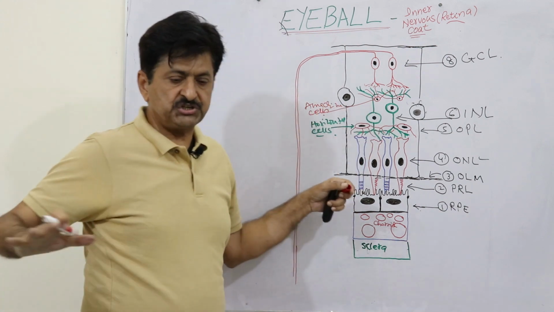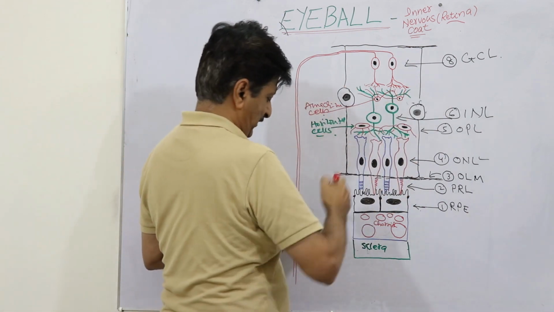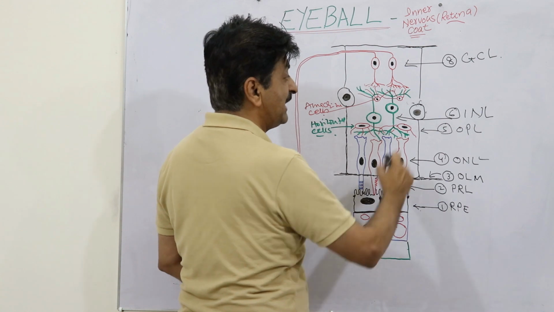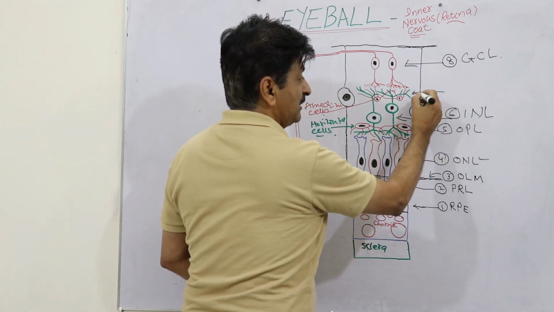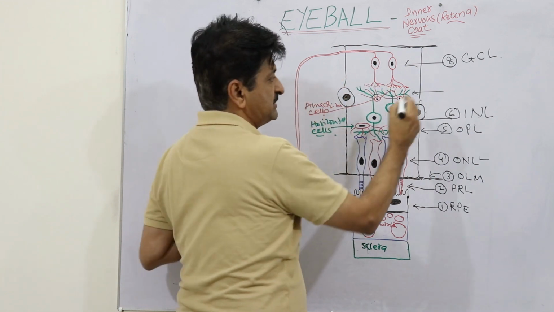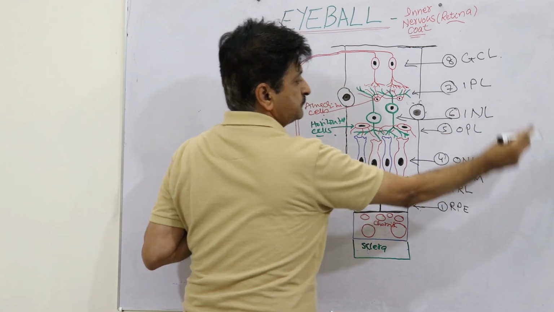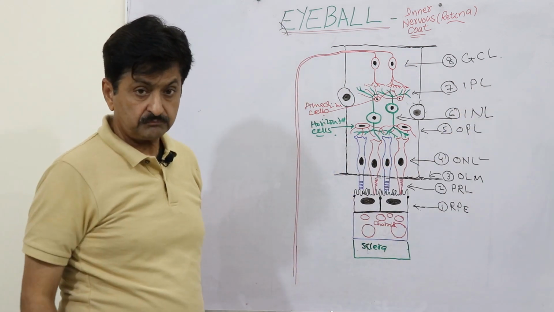They give their lateral projections, lateral fibers here and there, so that a plexus is created. That plexus is in the area of connection between the axons of the bipolar cells and the dendrites of the ganglionic cells. That is why this 7th layer is called the inner plexiform layer.